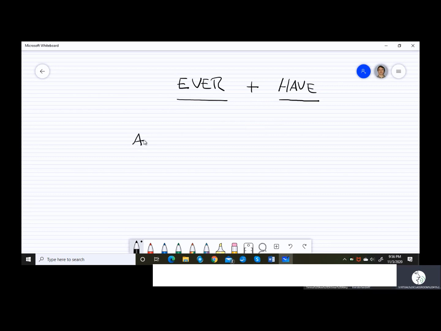I would interpret this as alguna vez. And the have, just remember the first two letters in that one: ha tenido. Okay, for the had. Alguna vez ha tenido.